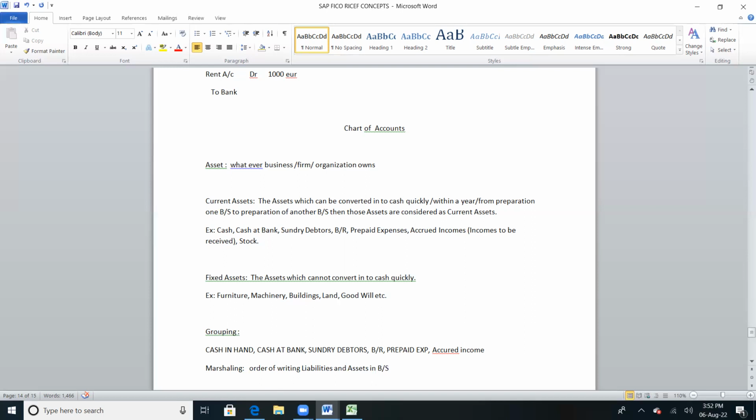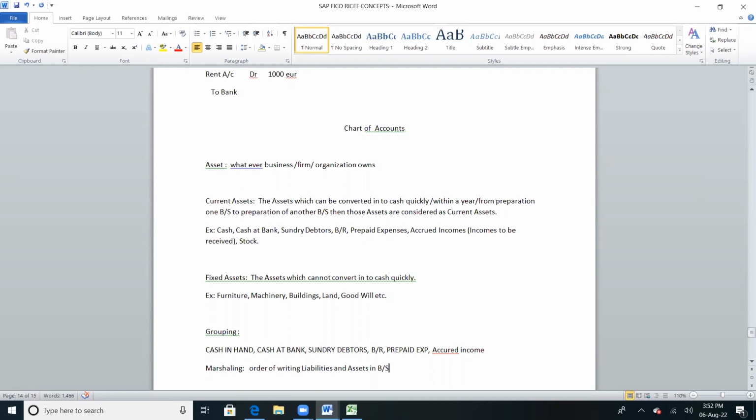First, we will write the current assets, current liabilities, fixed. We will write liabilities on one side and assets on one side. That is okay. But what will you write in the order I said? Current assets, fixed assets, then liabilities, current liabilities and long-term liabilities.